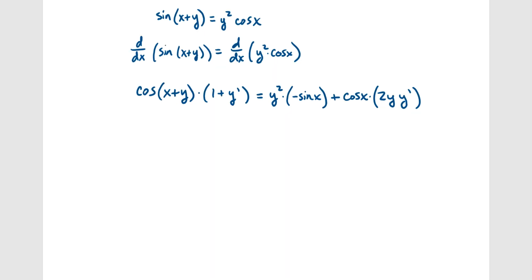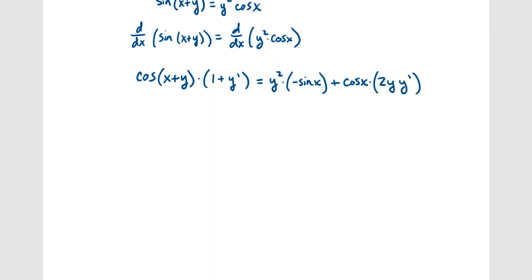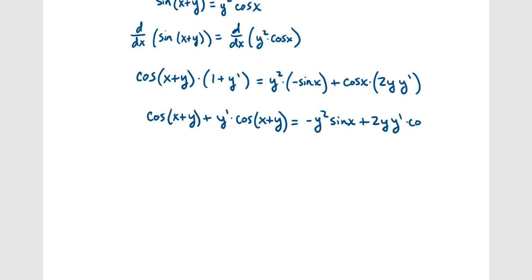Before we do, we should distribute this cosine of x plus y. That gives us cosine of x plus y times 1 plus y prime times cosine of x plus y. And on the right-hand side, we have negative y squared sine x plus 2y y prime cosine x. Just cleaned it up a little bit and rewrote it.